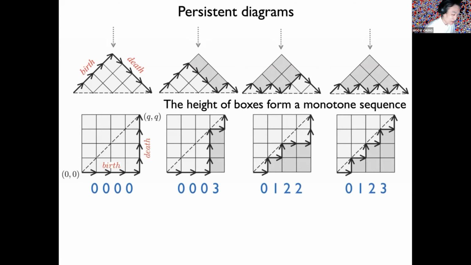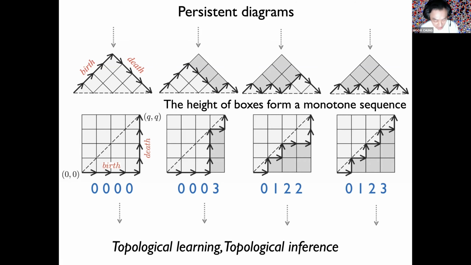How are you going to feed the Gaussian diagram itself into deep learning? But you can feed these numbers into machine learning methodology without much effort and just learn it. See the simplicity of the idea? So we can do the learning, inference, and a lot of things.